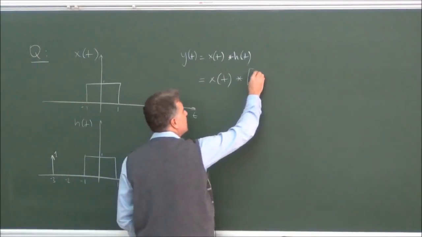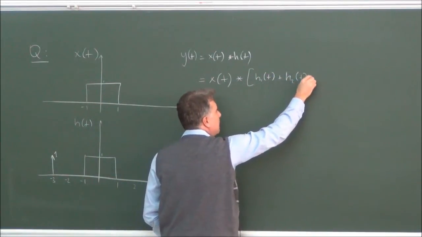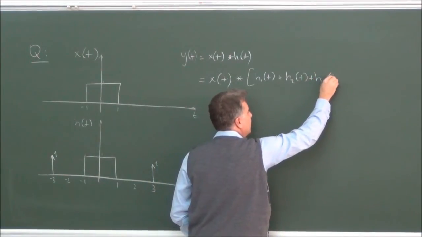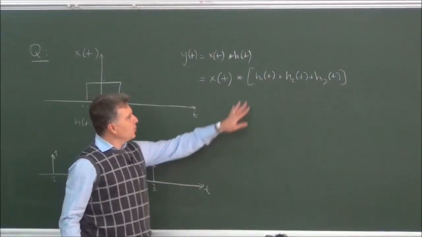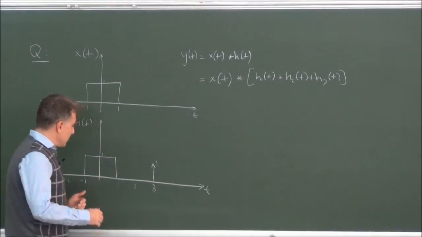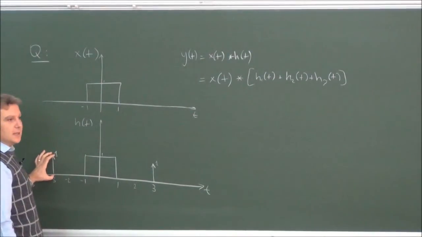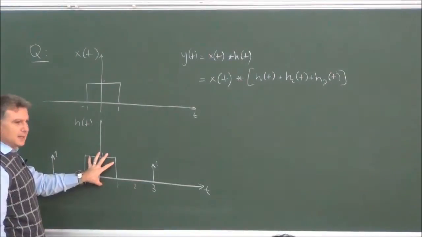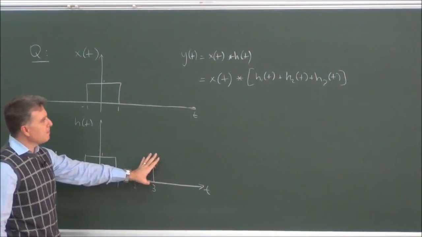So if this is, for example, h1 of t plus h2 of t plus h3 of t, this is h of t, a combination of three separate pieces. By the way, what I have in my mind is that one piece is this impulse, one piece is this rectangular shape, and another piece is this impulse.